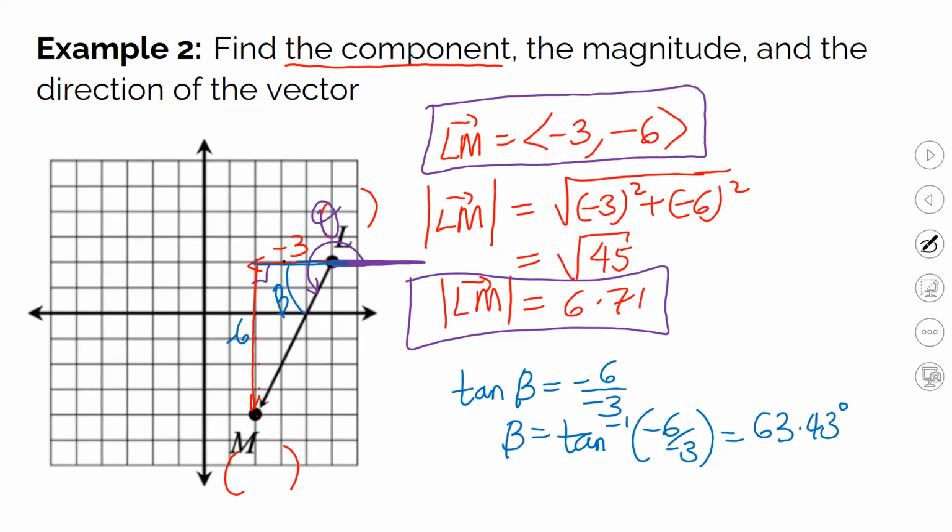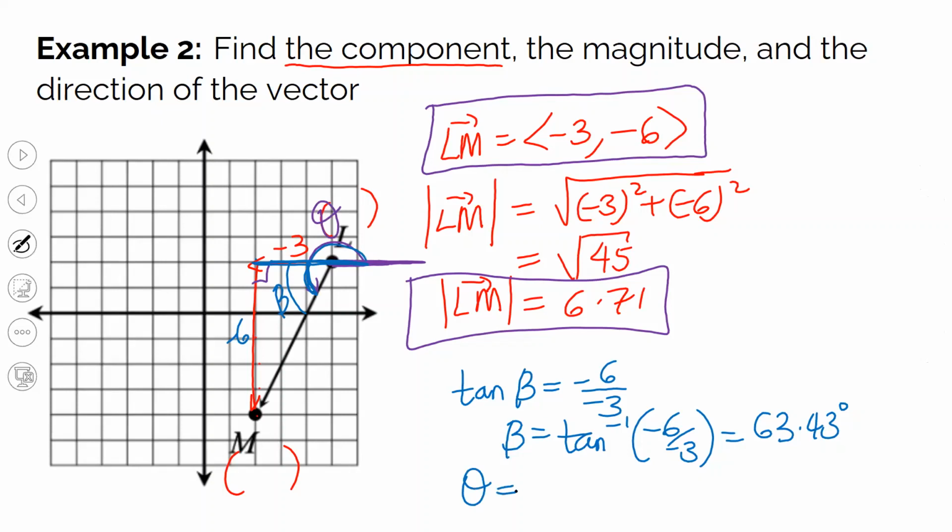Now you can see that we covered the entire 180 degrees, and then we went even some more. So we have to add this to 180 degrees to be able to get our angle theta. So our angle theta will now be 180 degrees plus 63.43. It is very good that you take note of what is going on visually, so make sure that you pay attention.